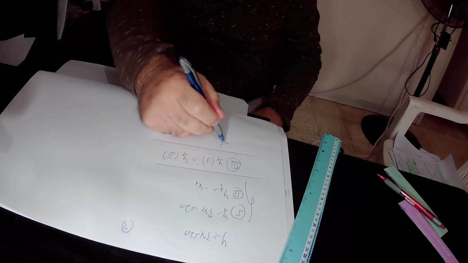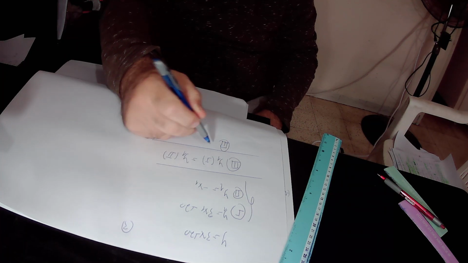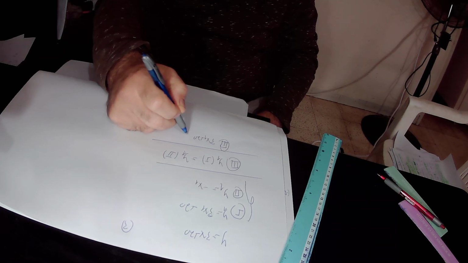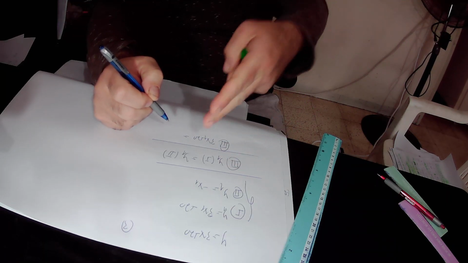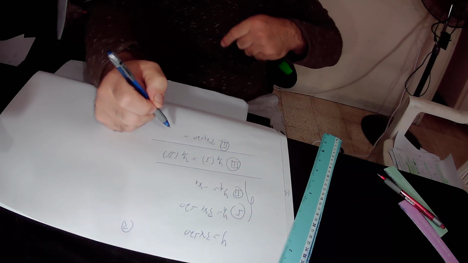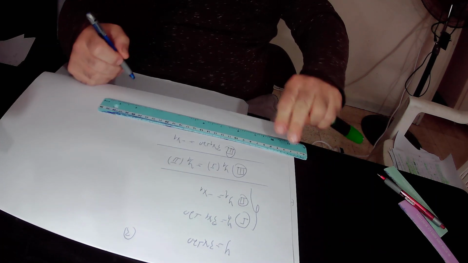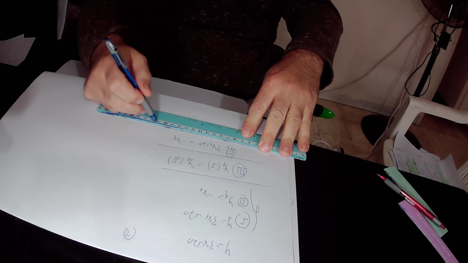So y1 according to equation 1 equals 3x1 plus 20, and it must be equal to y1 according to equation 2, which equals minus x1. So in total, according to equation 3, we found out that 3 times x1 plus 20 equals minus x1.